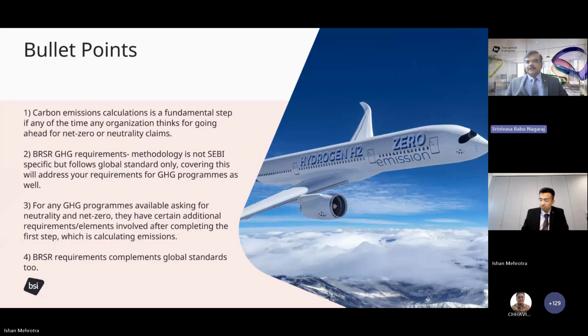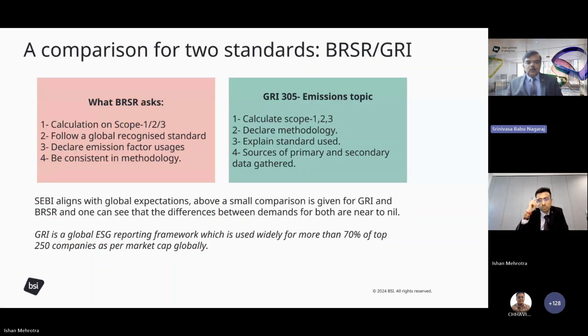Of course, accurate emission reporting is a prerequisite. For scope 1 and scope 2 emissions in the BRSR, the verification approach follows ISO 14064 Part 1, and the BRSR environmental disclosures, including GHG emissions, map closely to the GRI emission standard, GRI 305, which includes qualitative and quantitative disclosures on direct and indirect emissions.